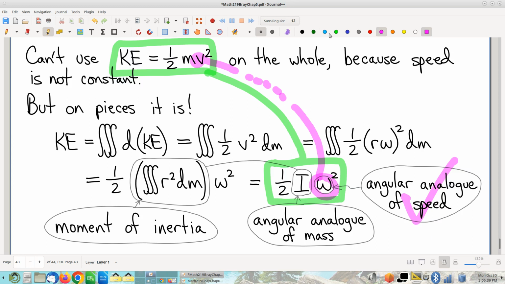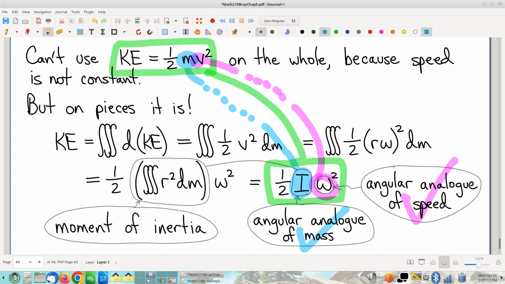And it's highly suggestive that we should think of this thing as being an angular analog of that thing. So the role that mass plays in the computation of kinetic energy in a linear sense, this thing, whatever this is, plays that role in the angular sense. So this thing, whatever that is, is what I like to think of as an angular analog of mass.